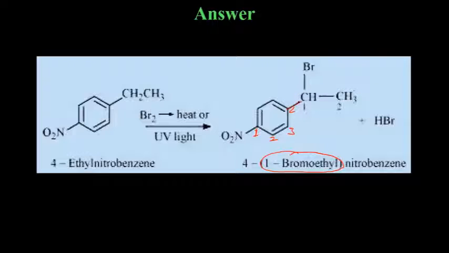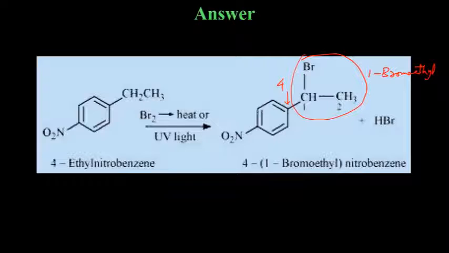There is one bond here, so it is alkyl group. It is not main chain. This one is attached to which carbon of main chain? It is attached to fourth carbon. So that's why 4-(1-bromoethyl)nitrobenzene. Just to understand this one, at fourth carbon, you have 1-bromoethyl attached to nitrobenzene.